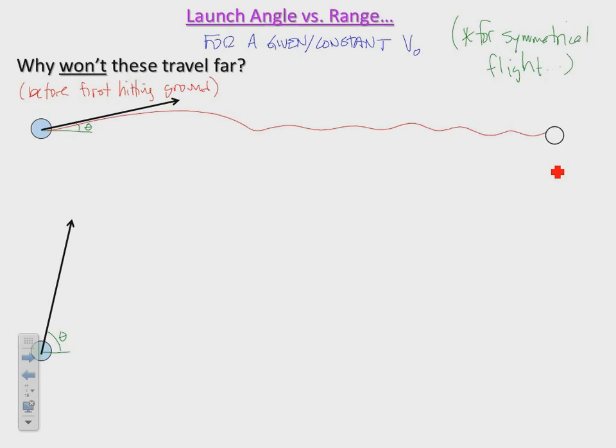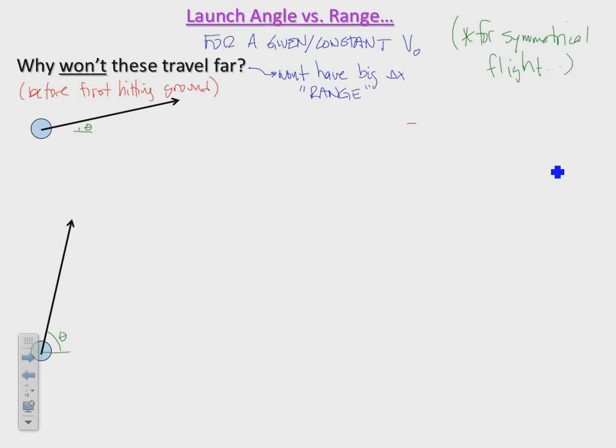We're talking about when it is a projectile, when gravity is the only force acting on it, so until it first hits the ground. So two things shot at either a small angle or a big angle won't travel very far. They won't have a big delta x, or what we call range.